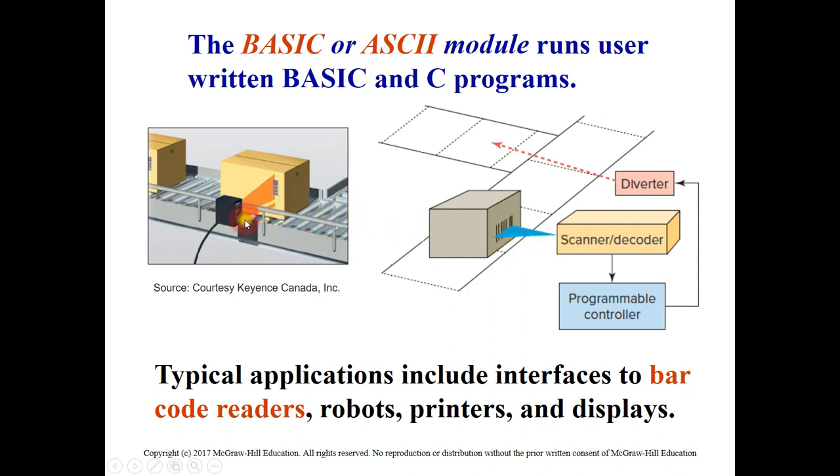So this module will be the interface between the barcode reader unit and the PLC system. The data collected from this reader unit will be forwarded to the programmable logic controller unit, or CPU.